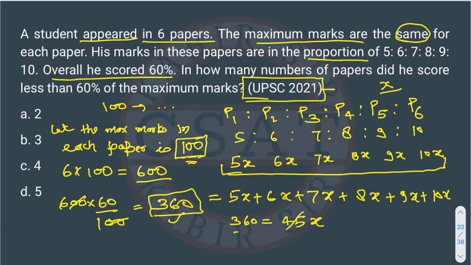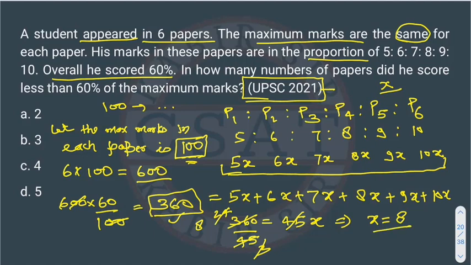Now 45 will come to this side, so we can divide it. From 15 we can divide. So what is the value of x? 8. Now we can put this x value here.